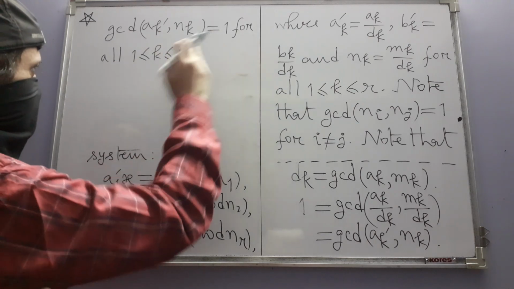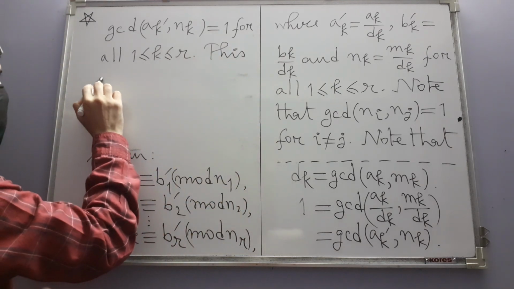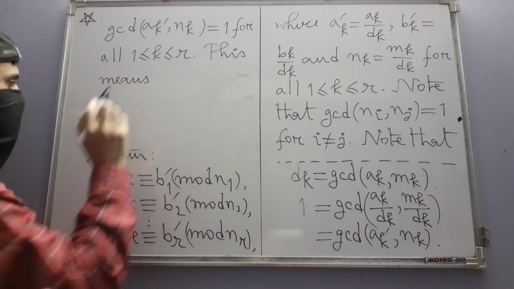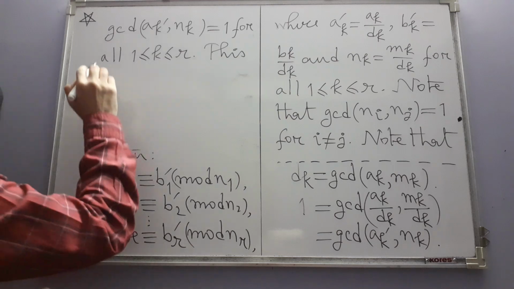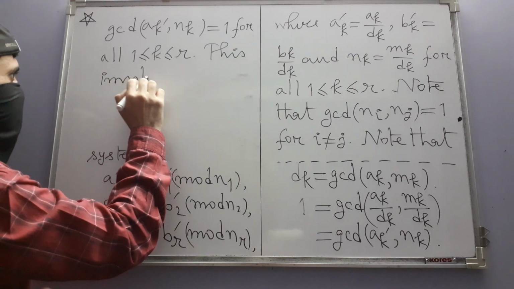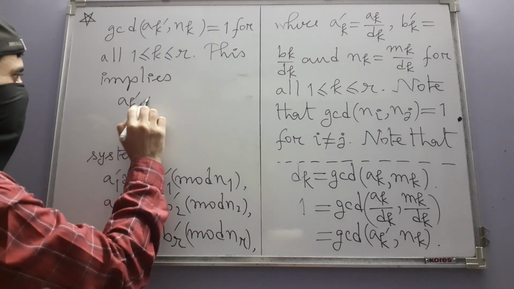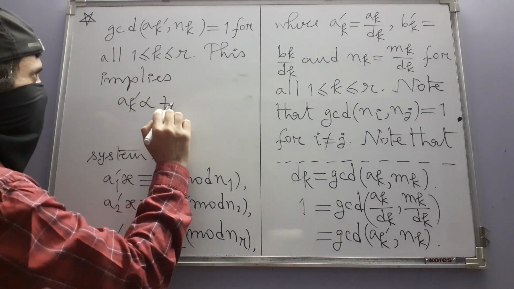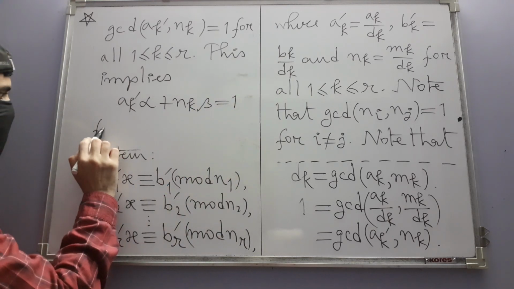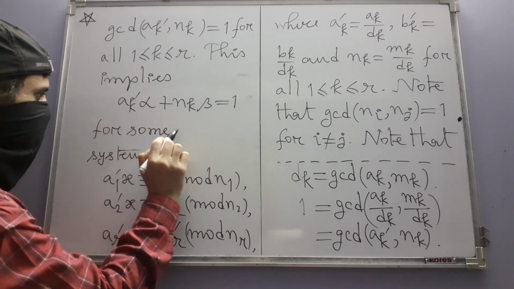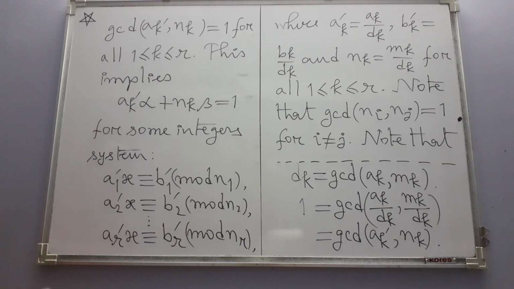In fact, let's continue from here. This implies that, say, AK prime alpha plus NK beta is equal to 1 for some integers alpha and beta.